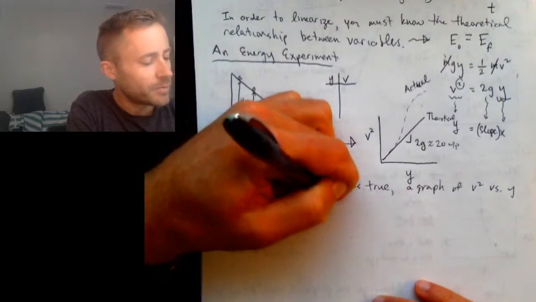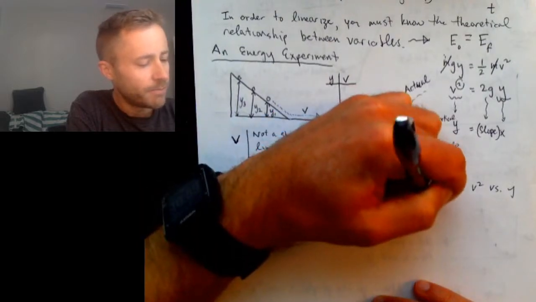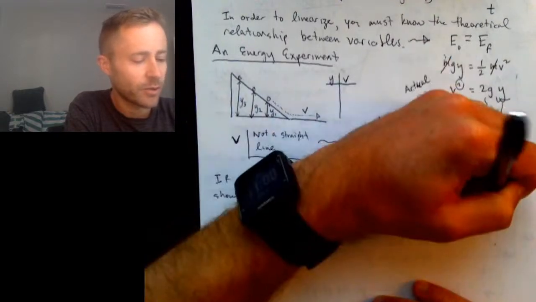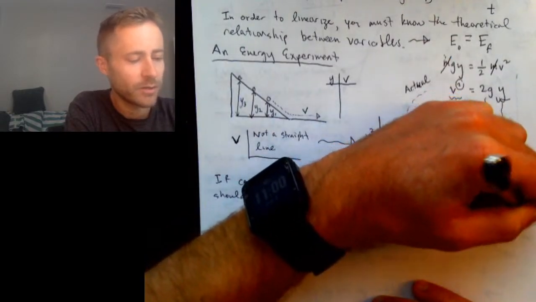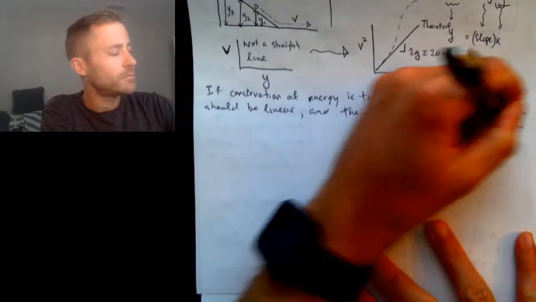And the slope should be 2g, which is approximately 20 meters per second squared, if this was on Earth.